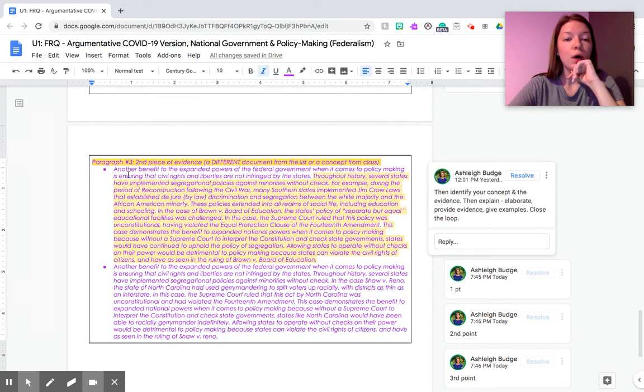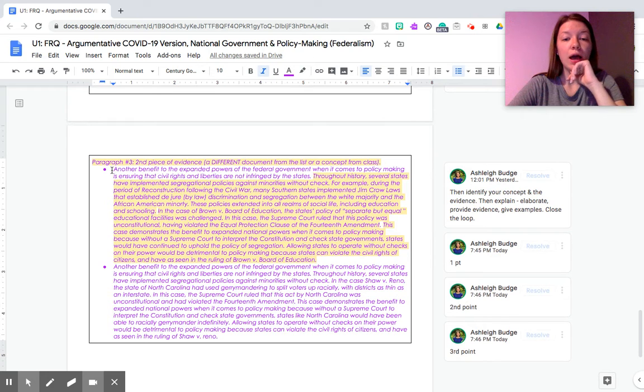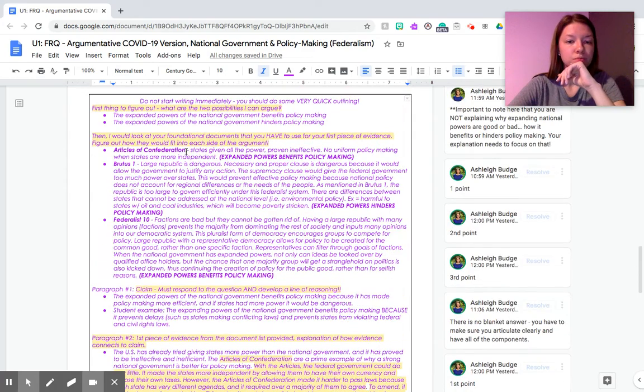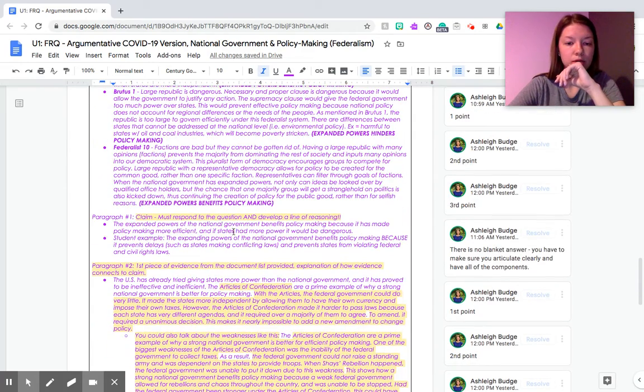Okay? So this route, I chose to go with the, going back to the claim up here. There it is. If states had more power, it would be dangerous. Tying in, states would be violating the civil rights of their people.